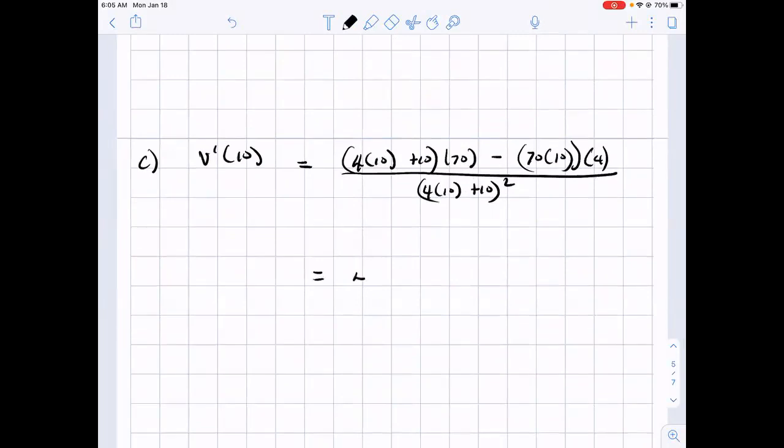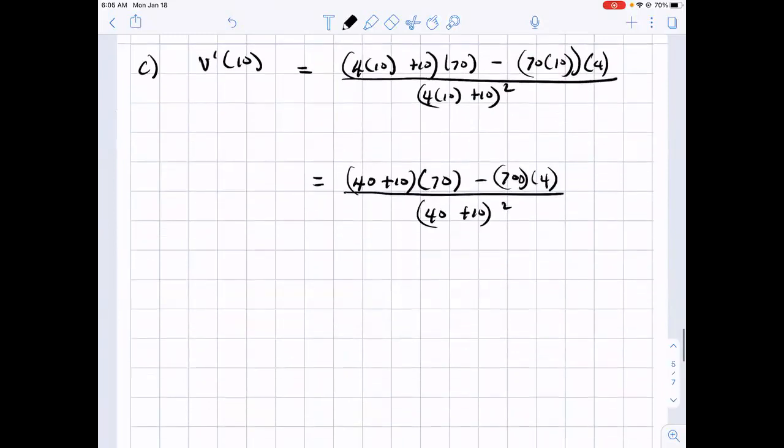So that becomes 40 plus 10 times 70 minus 700 times 4 over 40 plus 10 squared.